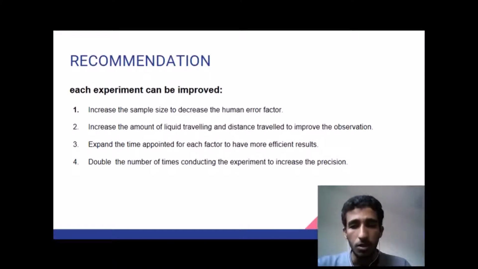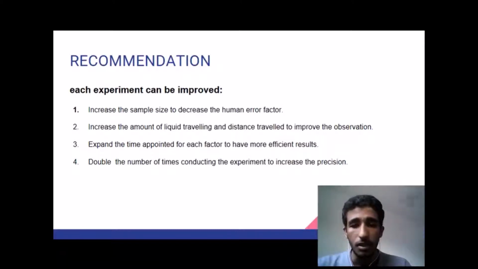Moreover, increasing the distance traveled by the liquid and the amount of liquid traveling on the surface would also improve the observation of the effects of these surfaces, and so the accuracy of the results might be doubled or even trebled.